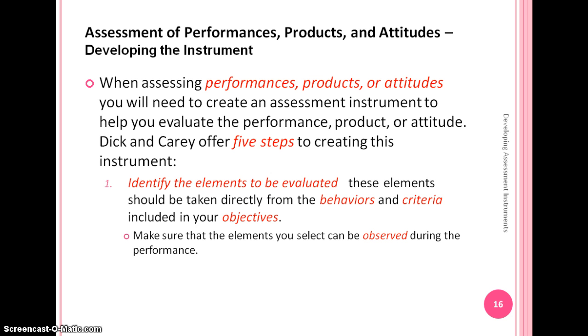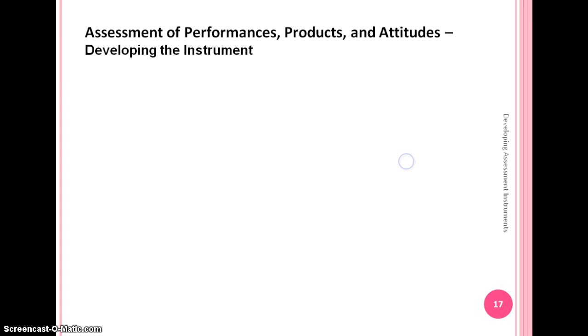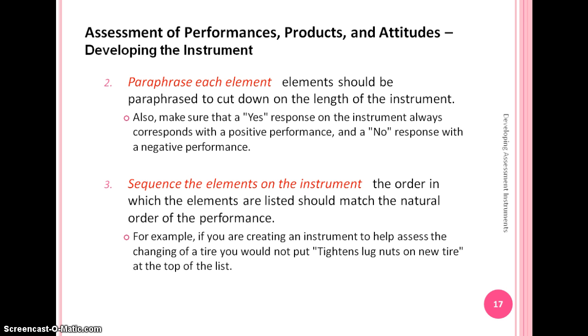The elements you select should be able to be observed during the performance. Step 2, paraphrase each element. Step 3, sequence the elements on the instrument. For example, if you're creating an instrument to help assess the changing of a tire, you should not put "tightens lug nuts on new tire" at the top of the list.